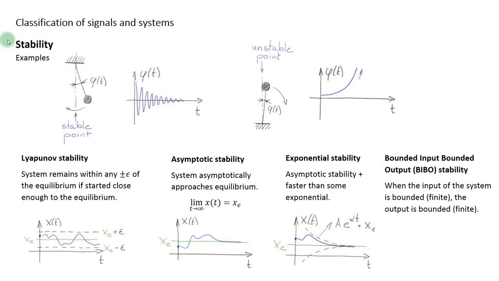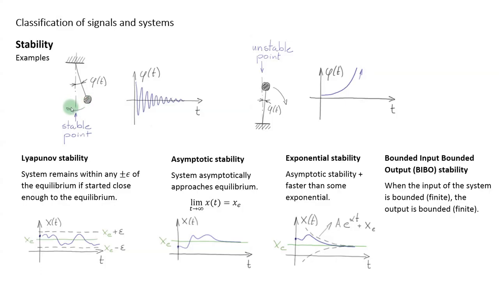Yet another way how to classify systems is to distinguish between stable systems and unstable systems. First, I will illustrate on some examples. Here I have an example of a stable system. It is a pendulum that is fixed at this point, and here is some mass that can swing back and forth.